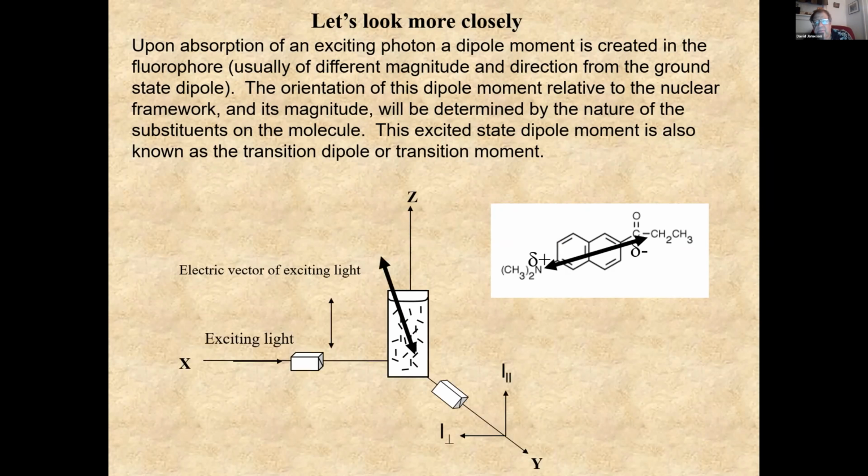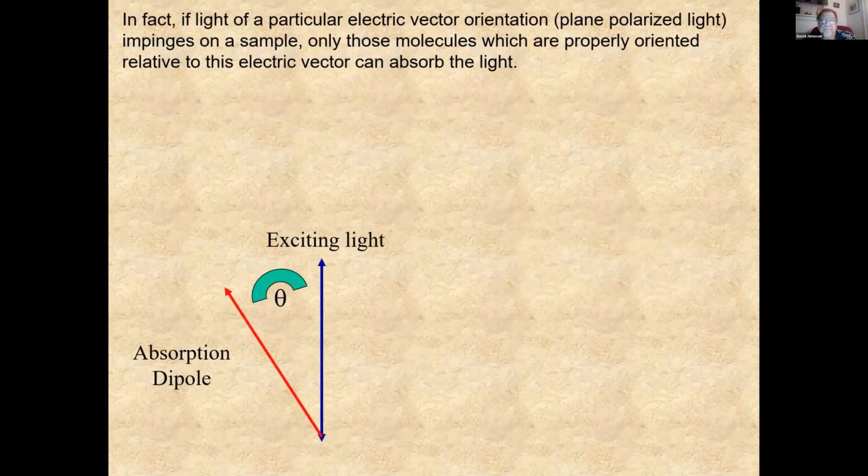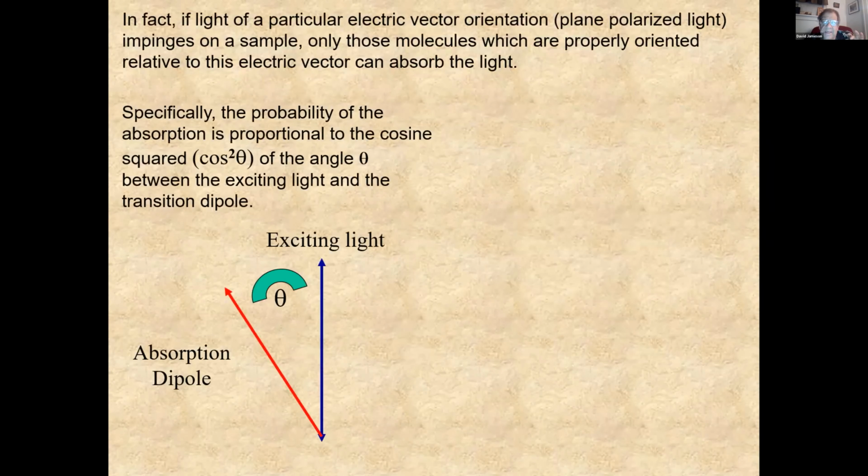Well, then in solution, when I'm talking about those molecules relative to the exciting light, it's how this dipole is oriented relative to the exciting light. Because as we said, the angle is important for the probability of absorption. Specifically, the probability of absorption is proportional to the cosine squared of the angle between the excitation and transition dipole.